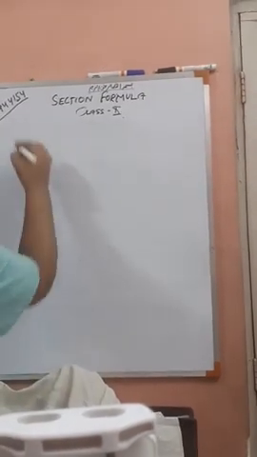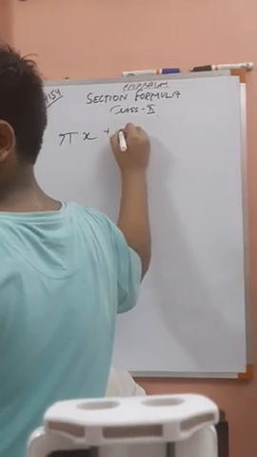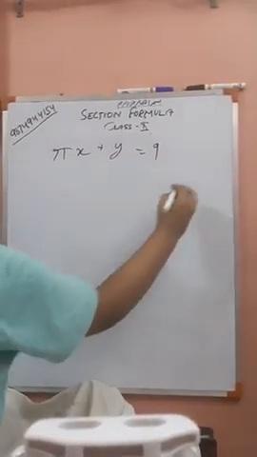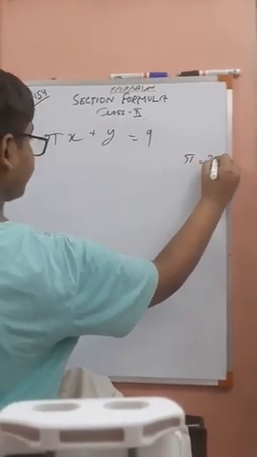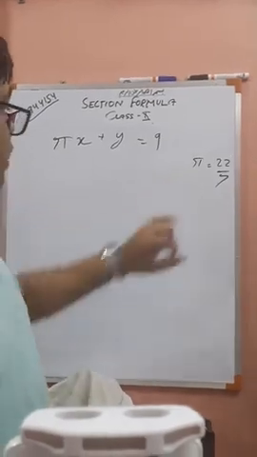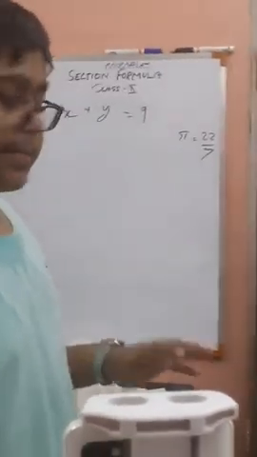Now, if we have an equation pi x plus y is equal to 9, then pi value is 22 by 7. You know that? Here we will not be using the value of pi at all. It will just be as a constant again.